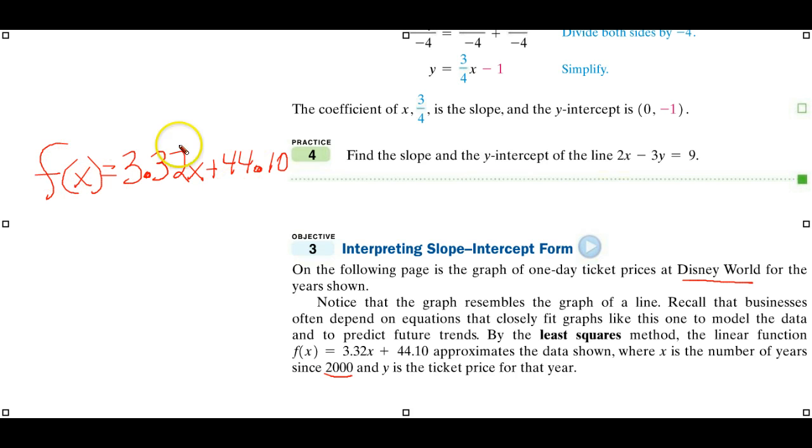So what does this mean? Well, this is going to be your time in years, and this is $3.32. So with 1 year, this would just be this and this. That would have been the price in the year 2000. But in 2001, this x is going to be 2. So 2 times this added to that, and so on and so forth.